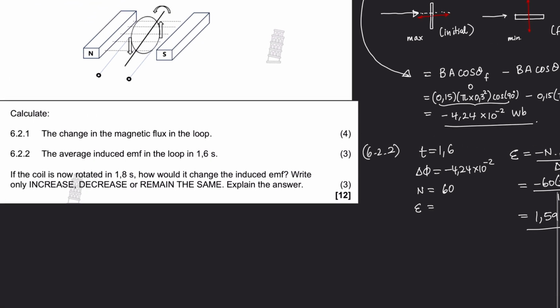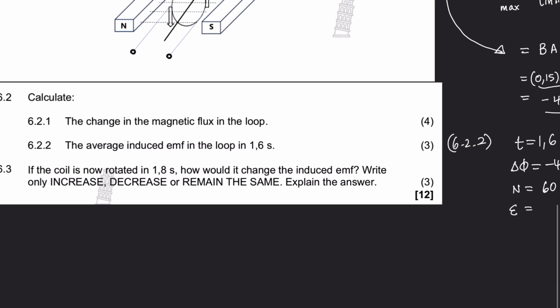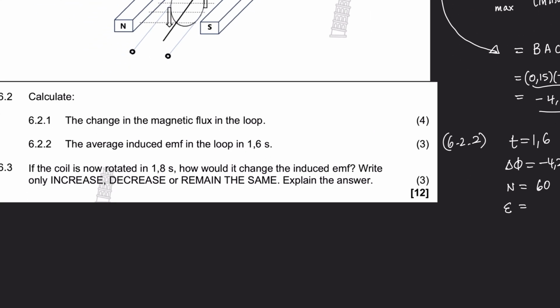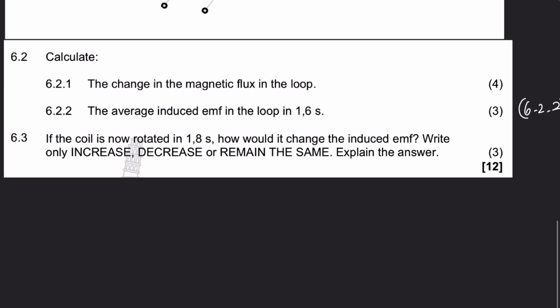Okay, last question. If the coil is now rotated in 1.8 seconds, how would this change affect the EMF? Write down increase, decrease, or remain the same, and explain. All right, let's look at our formula, 6.3. EMF is equal to minus n times delta phi divided by delta t.